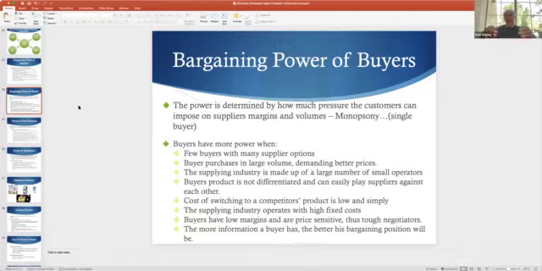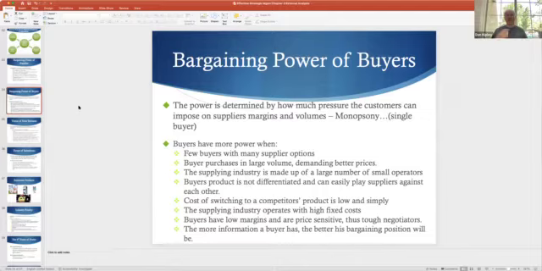So if there's relatively few Costcos out there compared to the number of other retailers, but there's multiple suppliers to Costco. The buyer, Costco, purchases in tremendous volume. And because of that, they're going to expect from those suppliers better pricing. If I'm buying 100 from you, price is this, but if I'm buying 10,000 from you, I expect to have a better price.